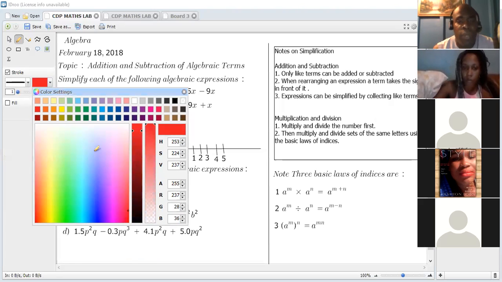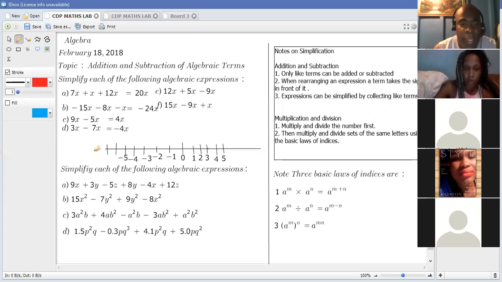First we identify 3, which is right here. Then we skip 1, 2, 3, 4, 5, 6, and 7. So we took 7 from it, and we're left with negative 4. And that's it.